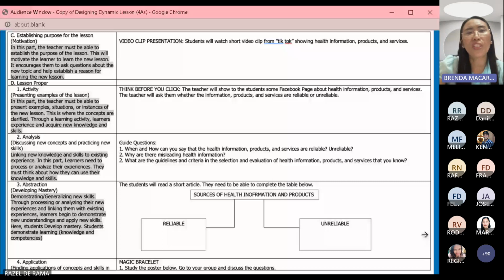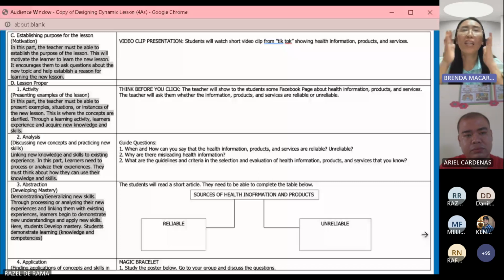So, anong nilagay ko po dito? Think before you click. Okay? So, yan yung activity. So, I am now presenting examples of the lesson. So the teacher will show to the students some Facebook pages about health information, products, and services. The teacher will ask the students whether the information, products, and services are reliable or unreliable.